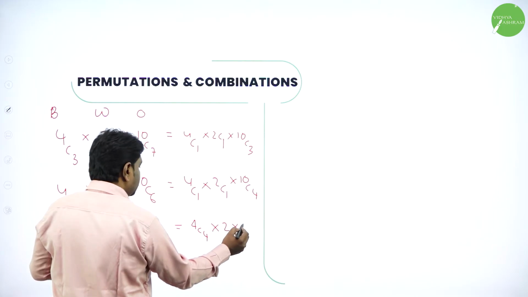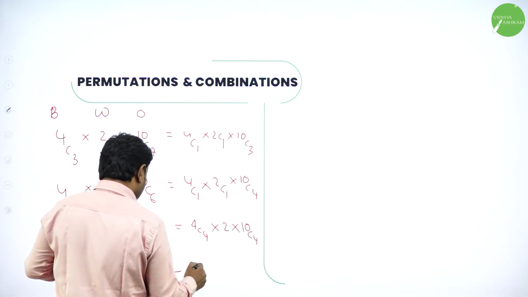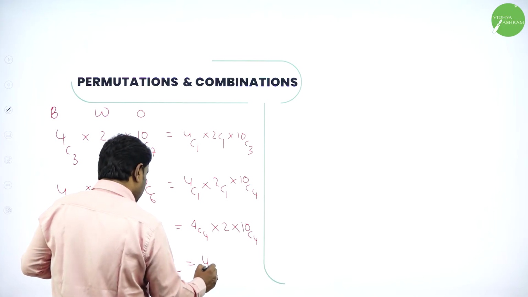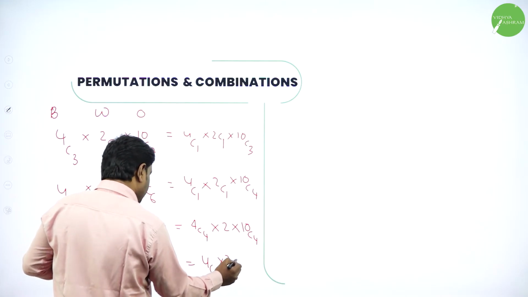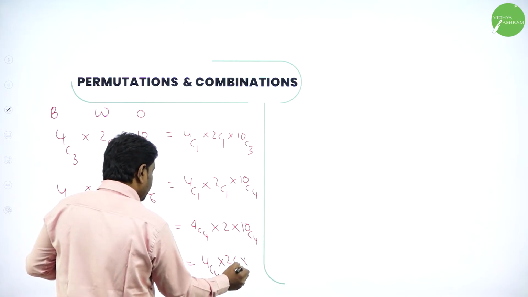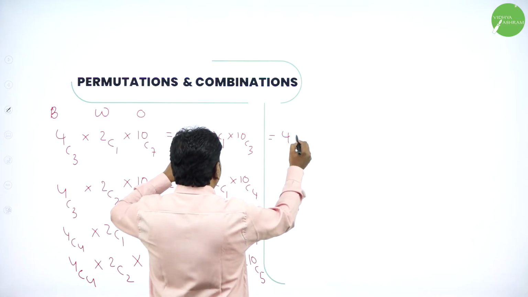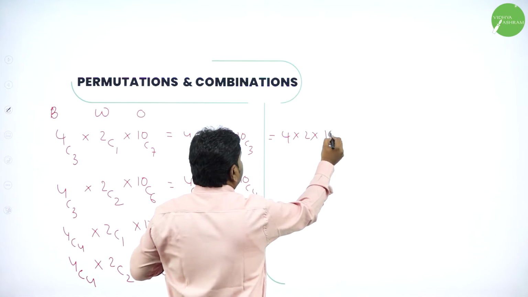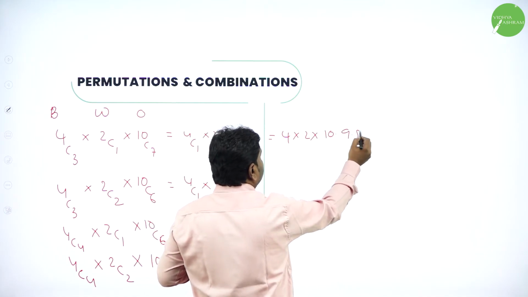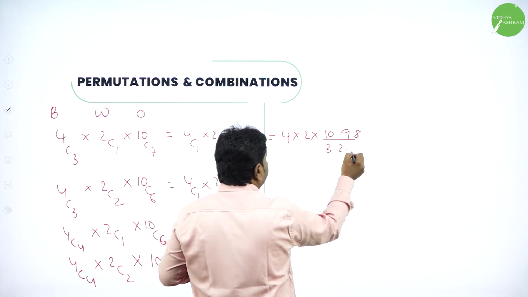Then 4C4 will be 1, 2C2 will be 1 again, and 10C5 is 10C5 only, we cannot simplify. Now further: 4C1 is 4, 2C1 is 2, 10C3 means from 10, 3 terms: 10, 9, 8 divided by 3, 2, 1.